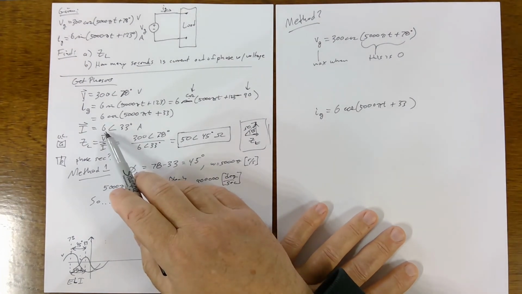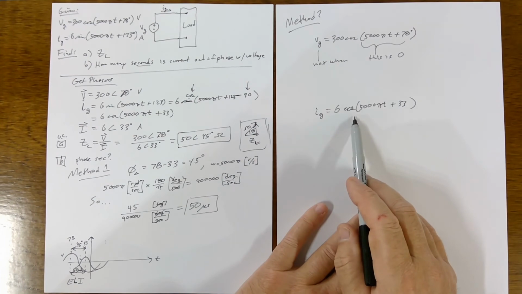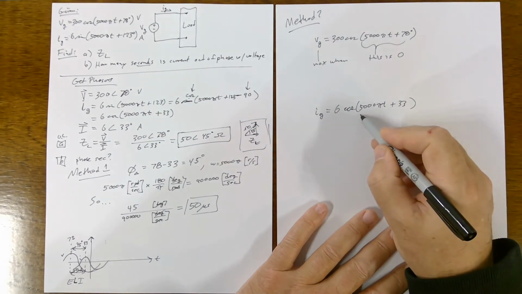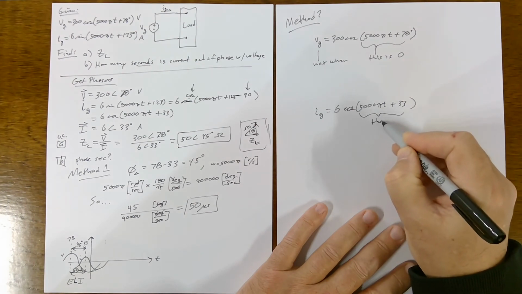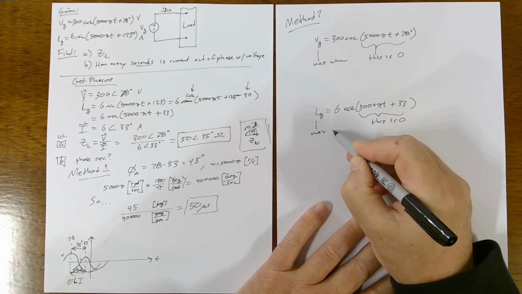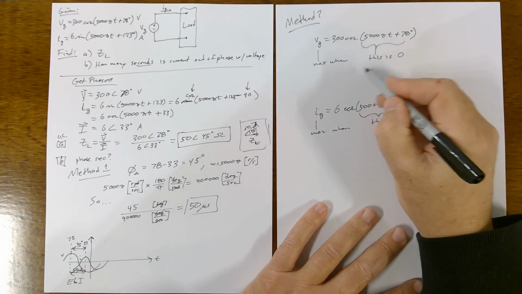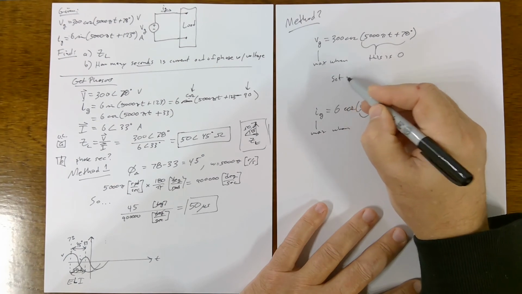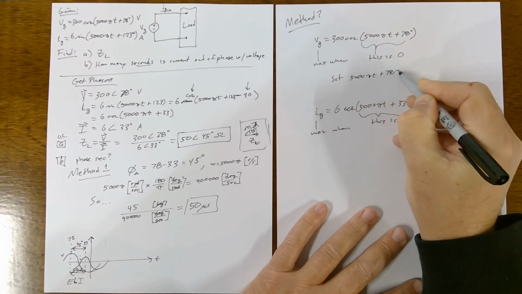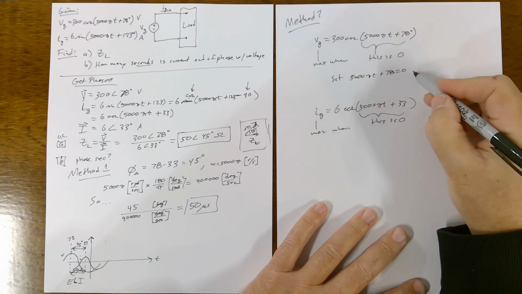Right here, taking this 6 angle 33 and turning it back into time domain. It's likewise max when this is 0. This is max when this part is 0. So set 5,000 pi t plus 78 equal to 0. Set this thingy here to 0.